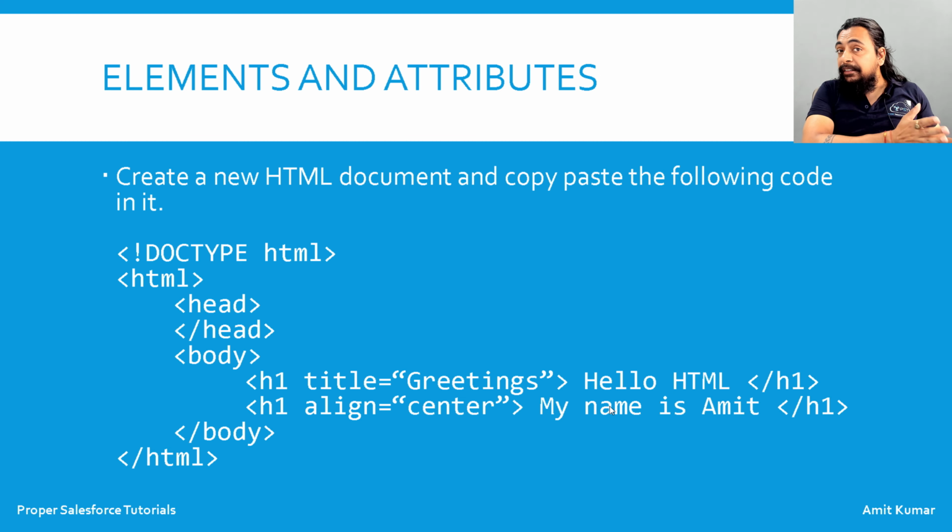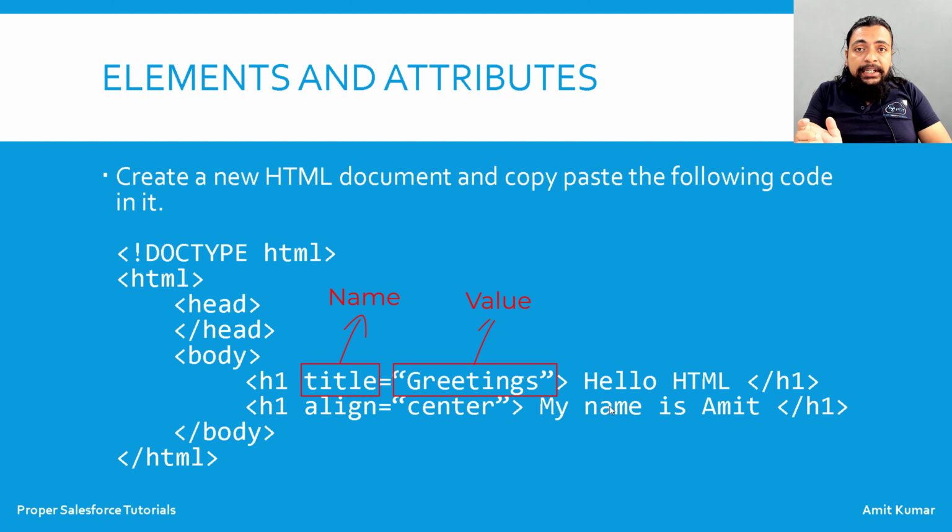Now here is the code for an HTML document where we have used attributes. Just like the previous file, here we have created an H1 element, but we have given additional information to this H1. For one of the H1s the content is Hello HTML, and for that H1 we have used a title attribute. The title attribute here is greetings. Title is the name of the attribute and greetings is the value of the attribute, hence it is given in a name value pair.